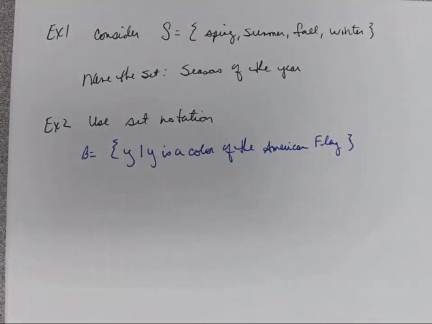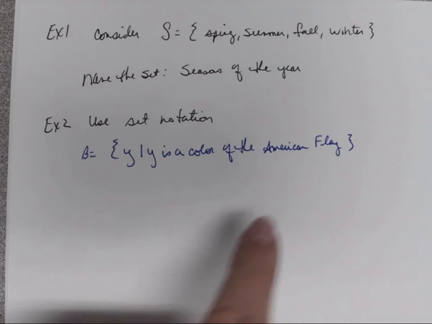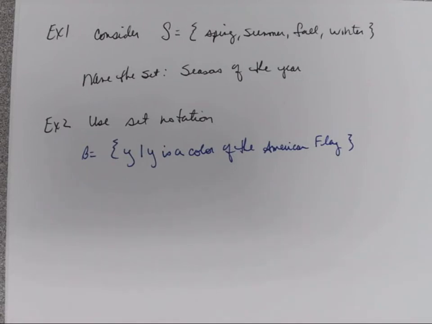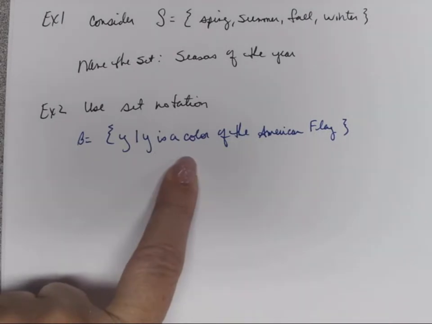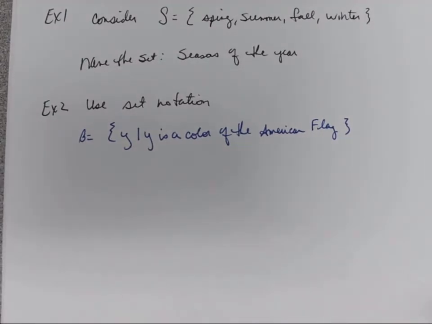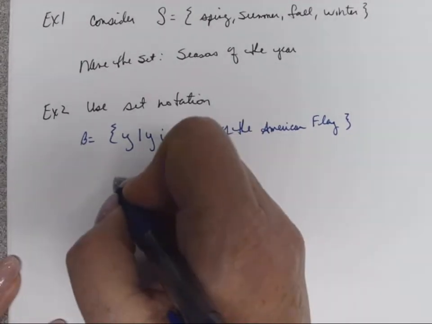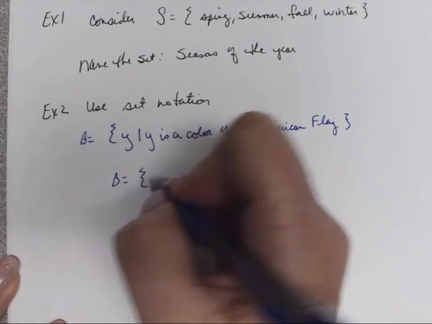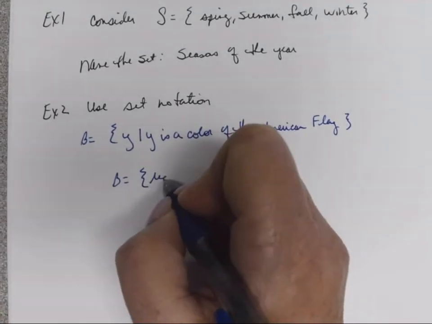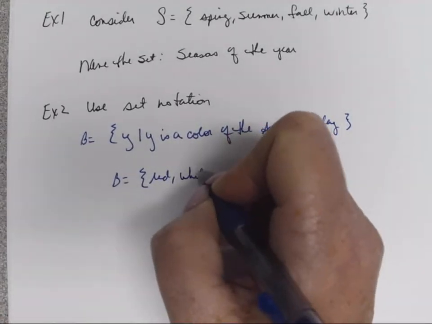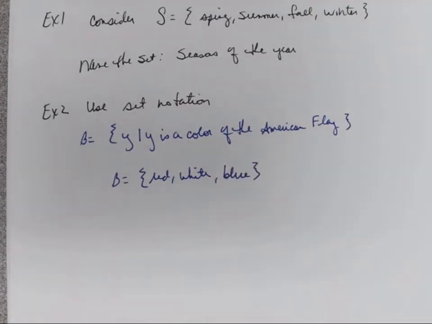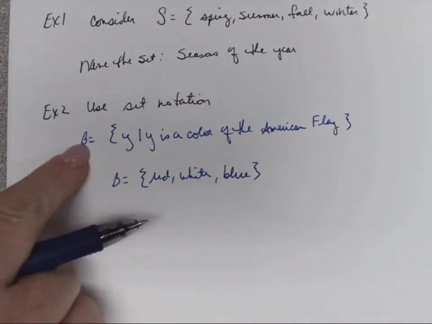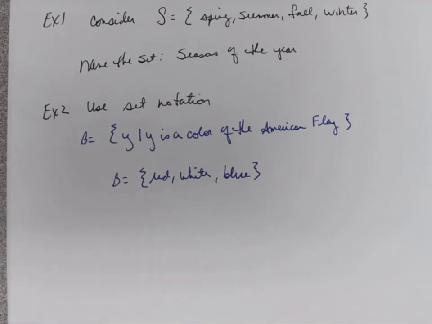They both have the same colors. But if we're looking at the colors of the American flag and we want to put this just in set notation, we could also state that B would be {red, white, blue}. So that would be set builder notation, and that's just set notation.